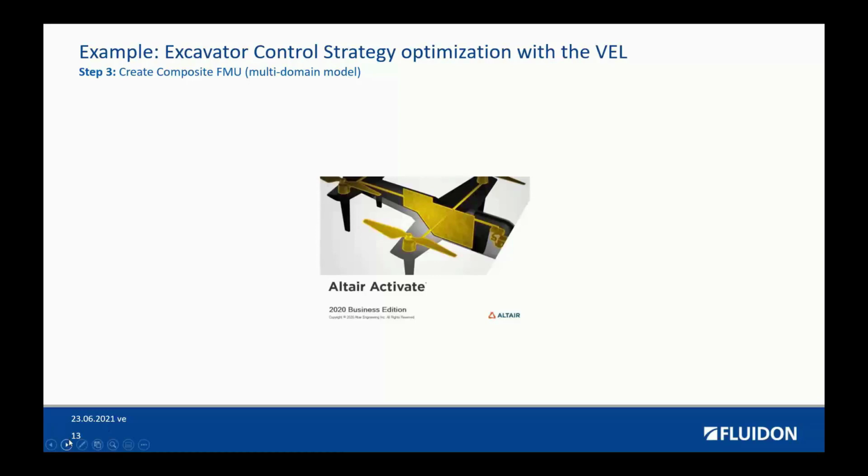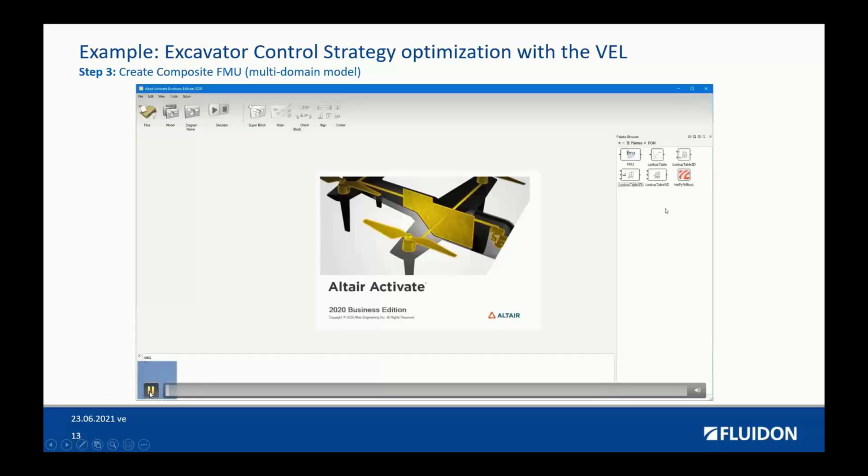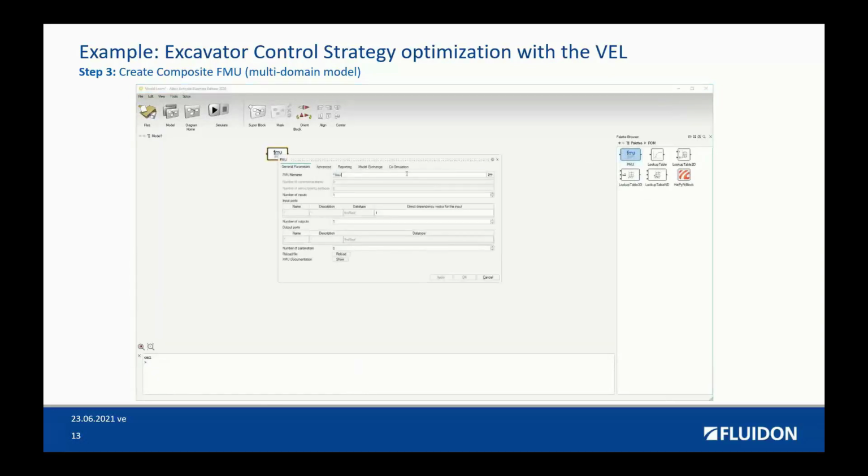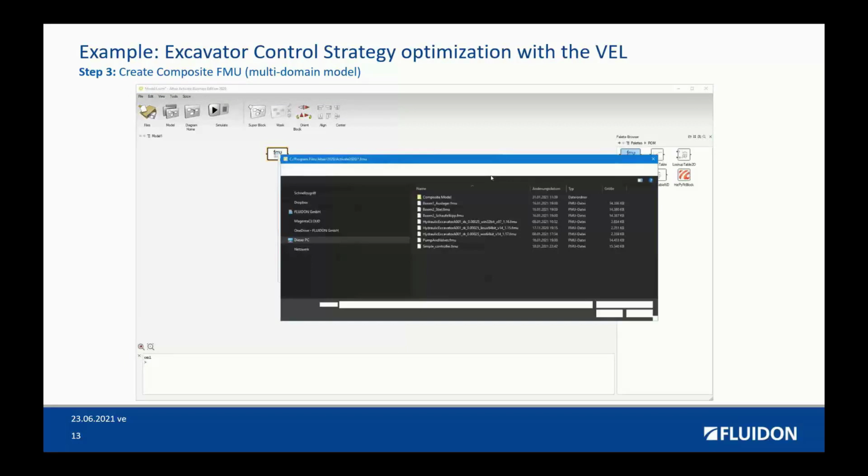Okay, to merge mechanical and hydraulic model to one composite FMU, I'm using Activate from Altair. I firstly drag a FMU block into the working area and select the previously created mechanic FMU in the file dialog.